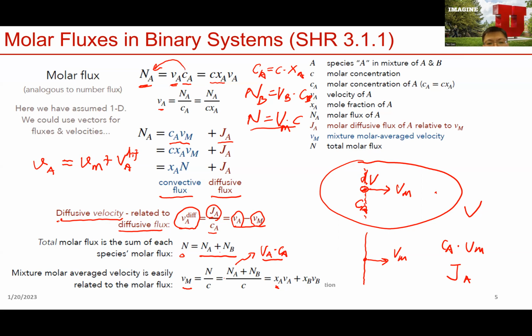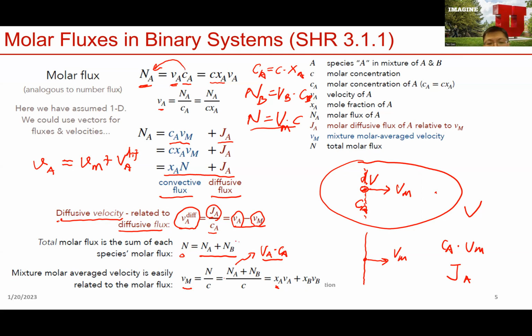Now let's look at this. The total flux N equals NA plus NB. We know NA can be written as this, and similarly NB can be written in a similar format.